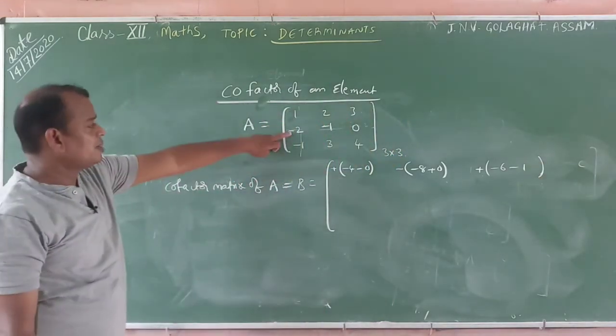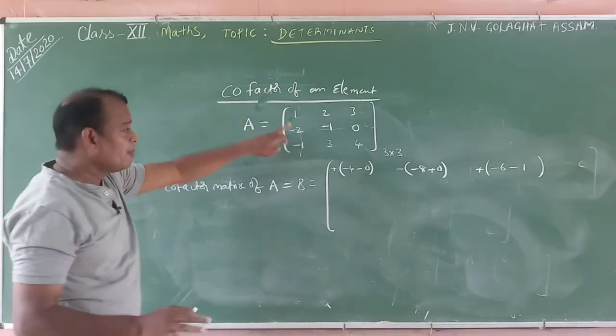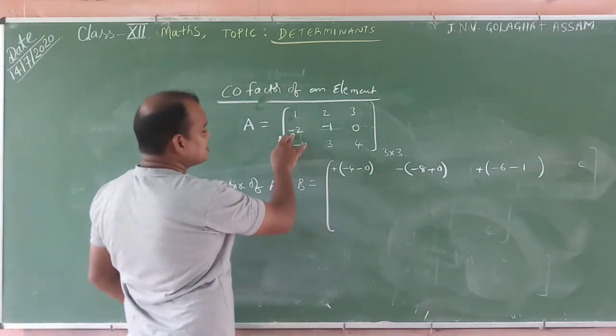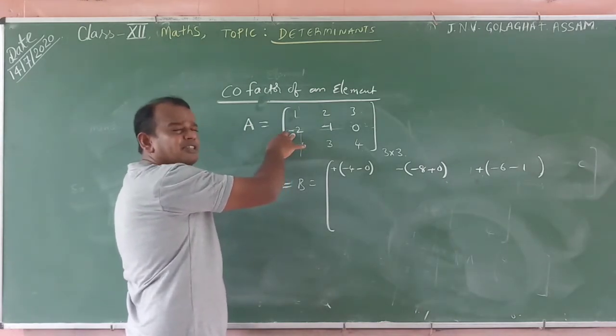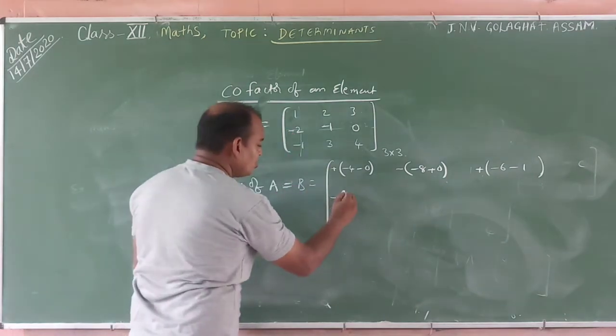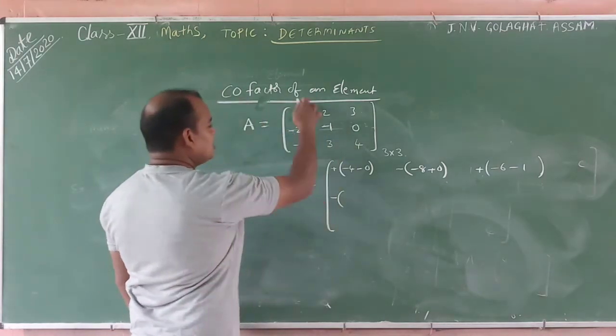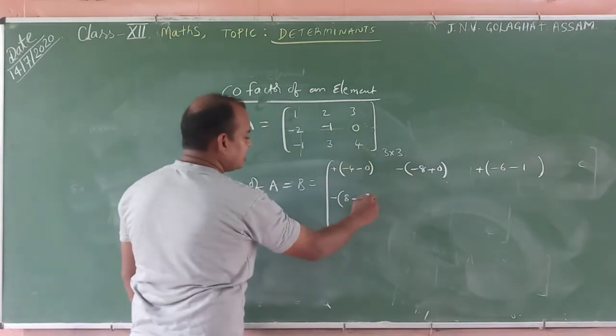Now what is the cofactor of -2? This is the second row, first column. Minus 1 power 3 means negative. Now deleting this row and column: 2 4s are 8 minus 3 3s are 9.